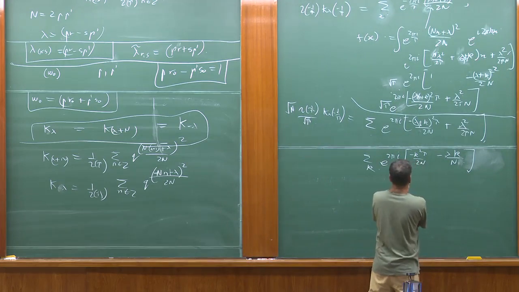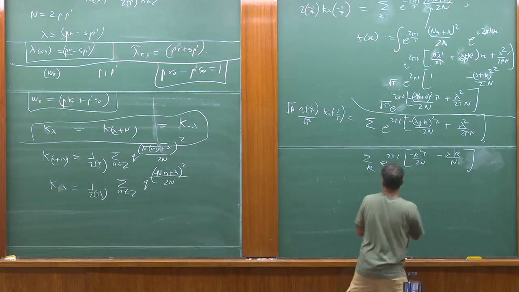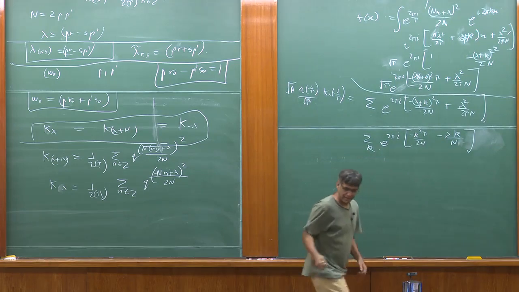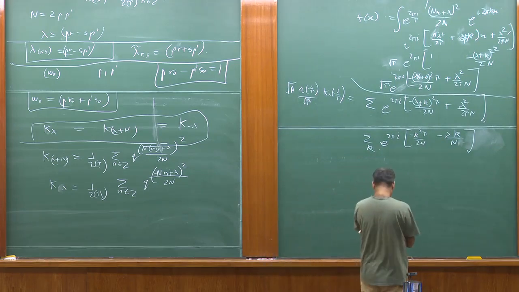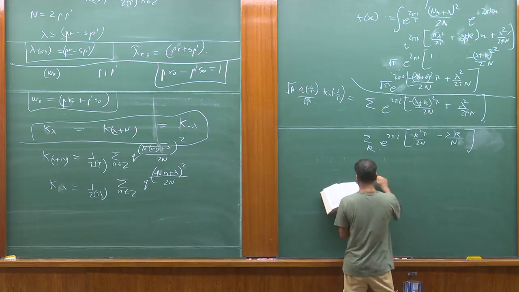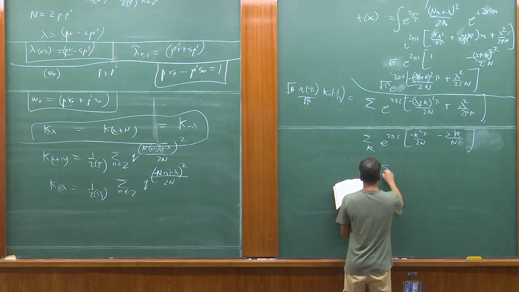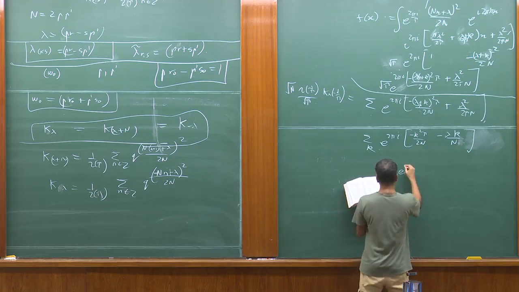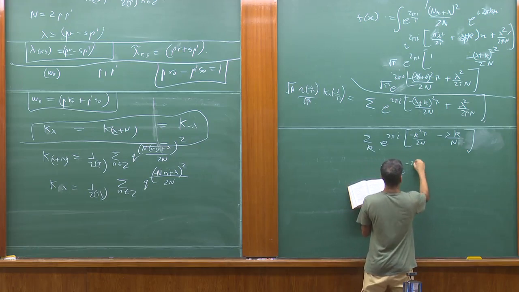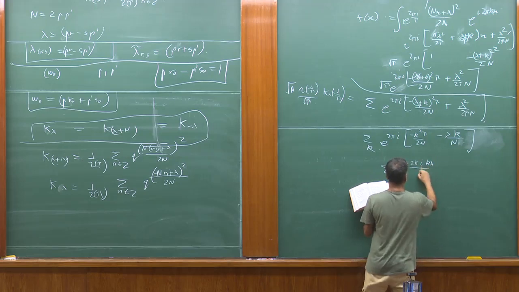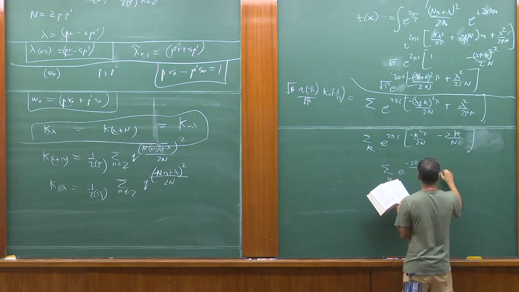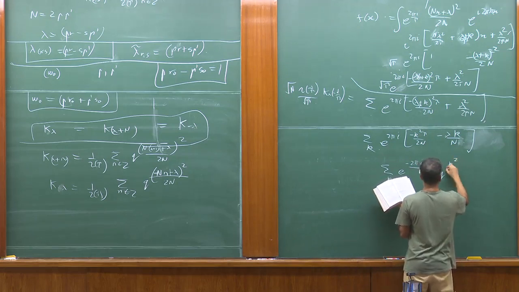Now what they do is to take this quantity and write it as the sum over k of e to the power minus 2 pi I k lambda by n, times q to the power k square by 2n.